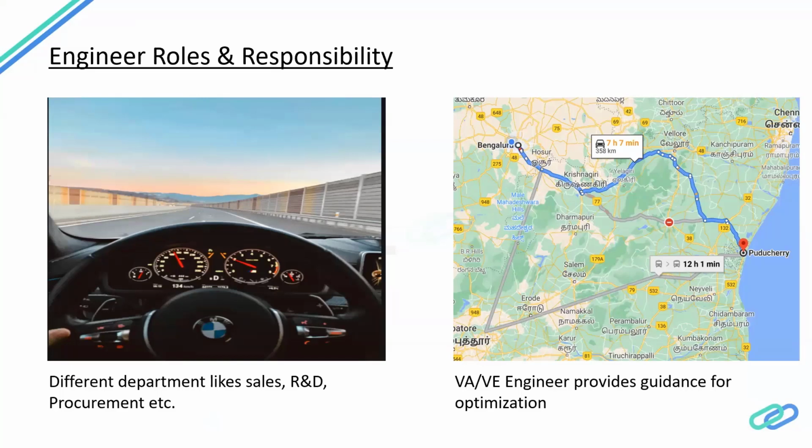So we, as a cost engineer or VAV engineer, will guide you. I'm showing this Google map because if we have to go to any place, we will find many routes, but Google will tell us which is the best route. In the same way, a cost engineer can tell us the best concept, or the best cost I can say, and which concept you can go with.